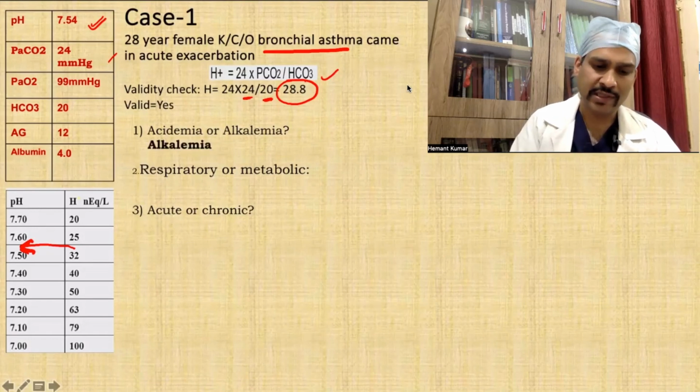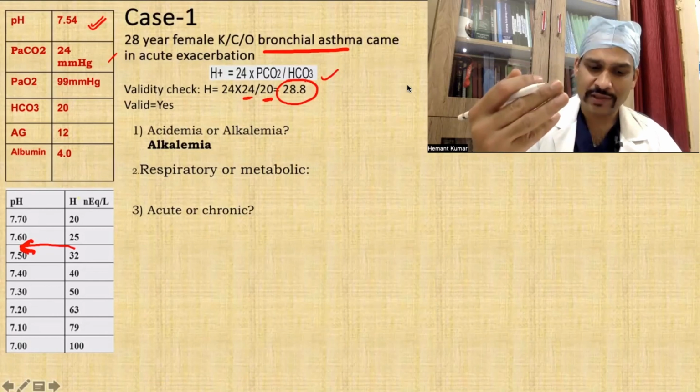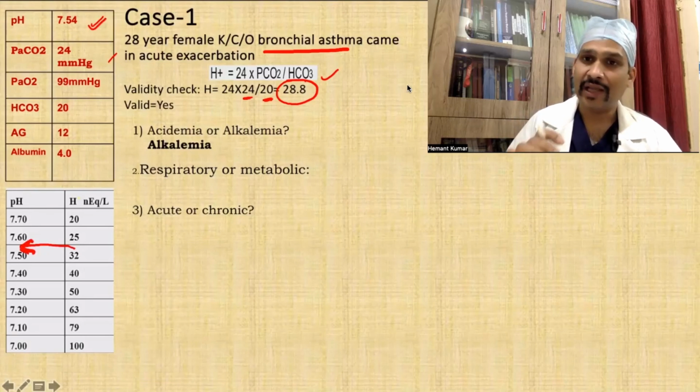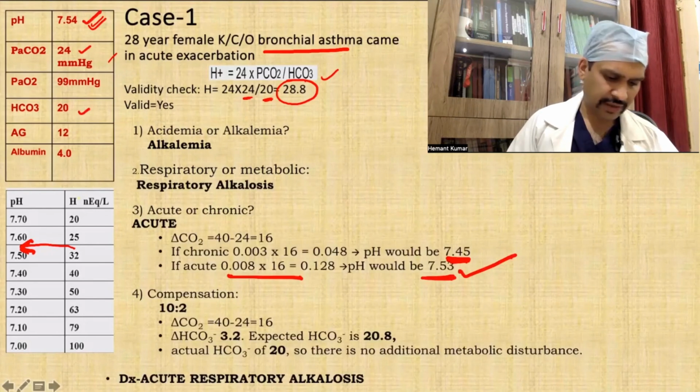You can see the PCO2 is 24, means alkalosis. If you see bicarb, this is acidotic. So pH is alkalosis, PCO2 is alkalosis. So this is respiratory alkalosis. Acute or chronic? We have to check delta PCO2 and multiply by 0.003 and 0.008. This is an acute one because pH is closer to 7.53.